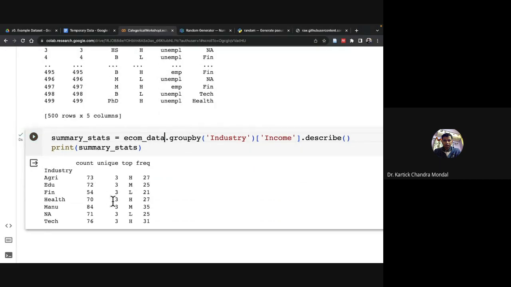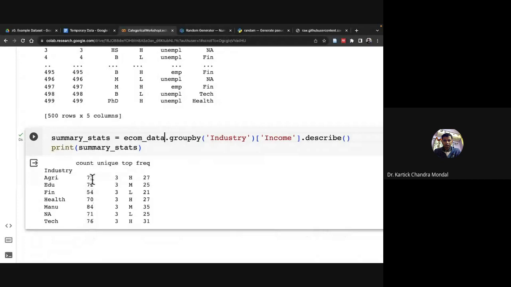So we have these industries. How many industries? Agricultural, education, finance, health, manufacturing, not available, technological. And how many values do you have in each in the data set?